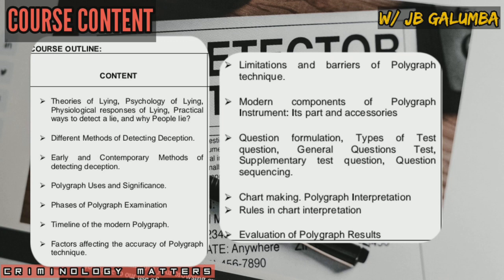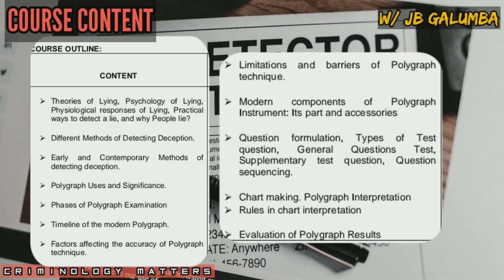Then we're going to be talking about the physiological responses of lying, or the practical ways to detect a lie. If we really know the reason behind lying, if we are really familiar with the concept of lying, then we don't even need a machine to assist us in telling which statement is a lie and which statement is truth, or which person is telling a lie and which person is telling the truth.